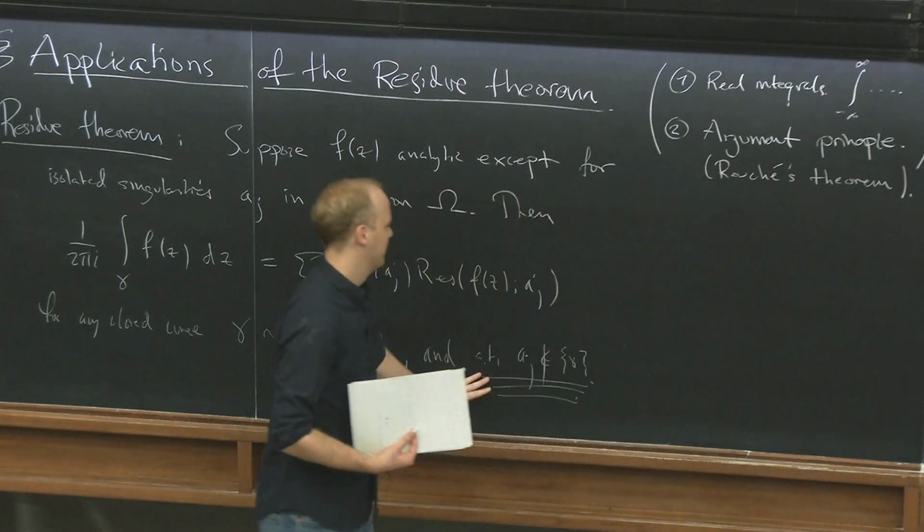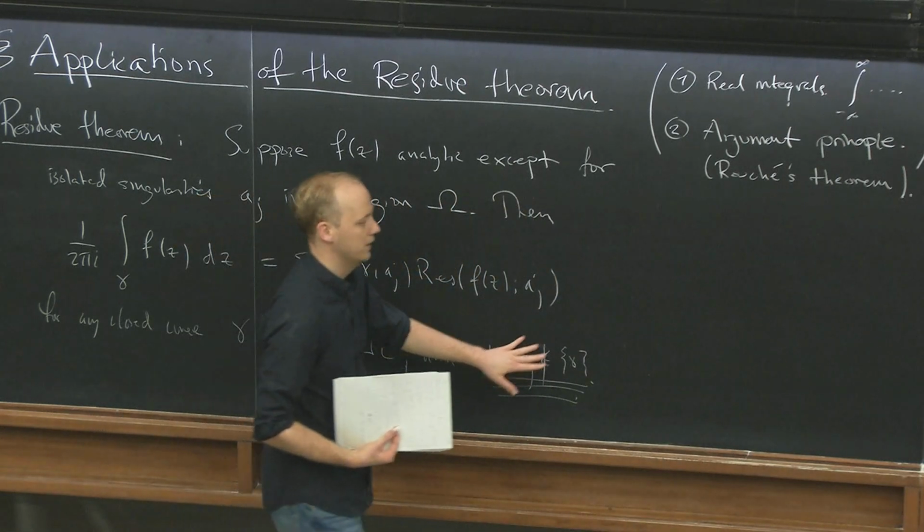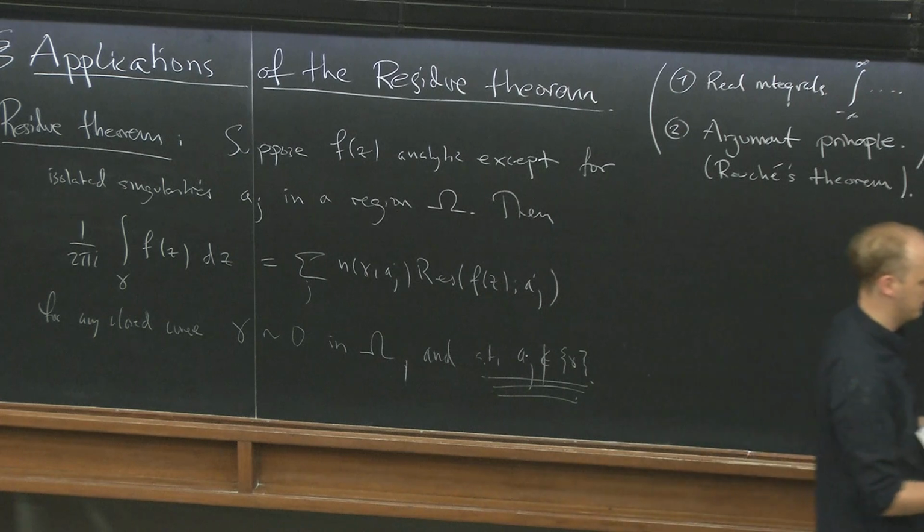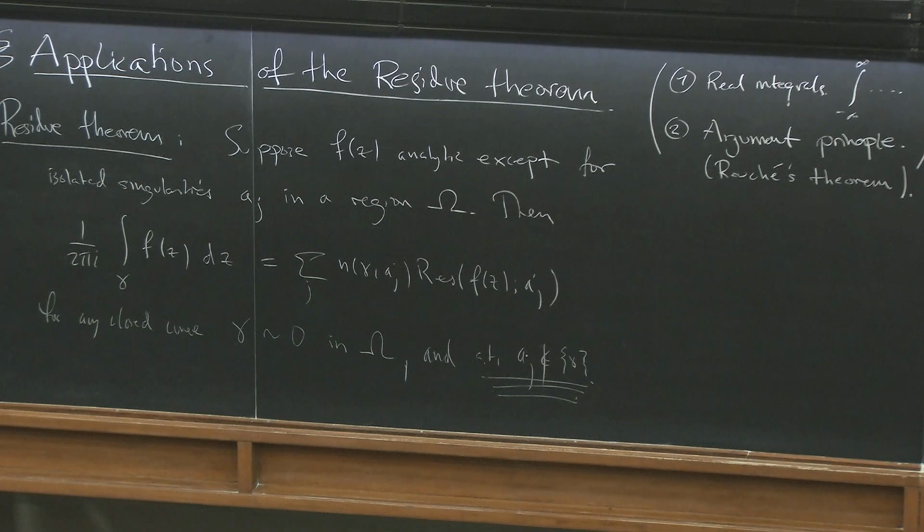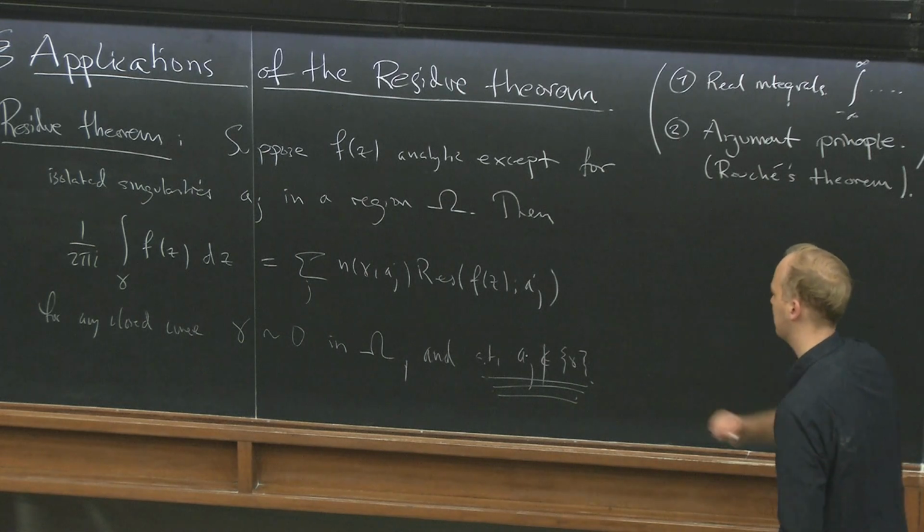So it's important to remember that you don't want the singularities to be on the curve gamma that you choose. And this hypothesis of homologous to 0 is there because the residue theorem was a direct consequence of Cauchy's theorem, and this is the general form that we stated for Cauchy.